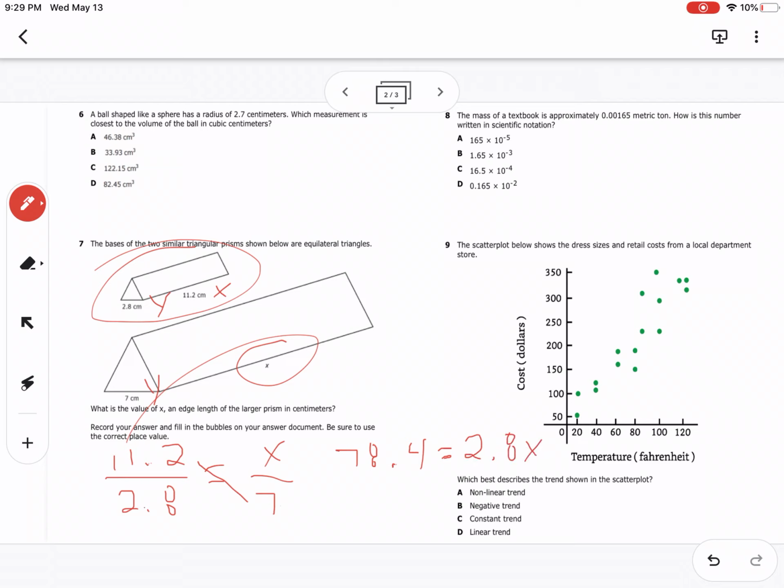So we need to get the x by itself once again. So in order to do that, we're going to divide both sides by 2.8. So that's going to cancel that out. So now we have x equals 78.4 divided by 2.8 is 28. X equals 28. That's our answer. All right.